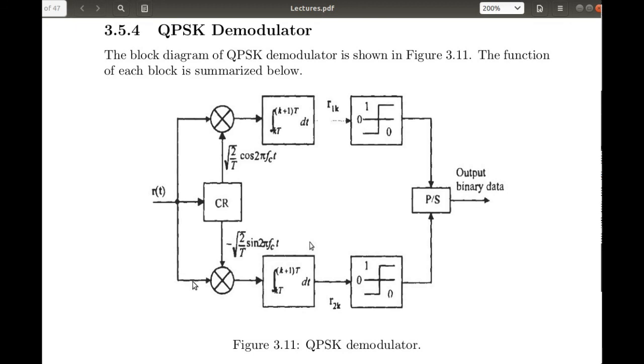Similarly, the received signal was multiplied with minus square root of 2 over T sine of 2 pi f c t, which is psi 2 of t. We integrated this product. The integral gave us a negative number. When we applied it to the threshold detector, we got minus 1.